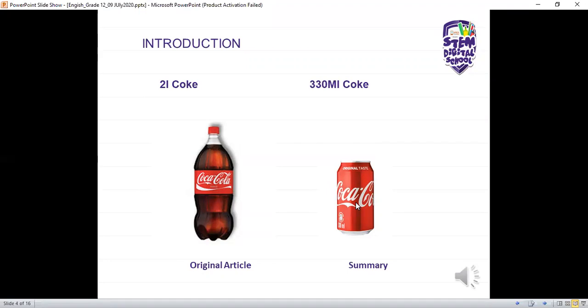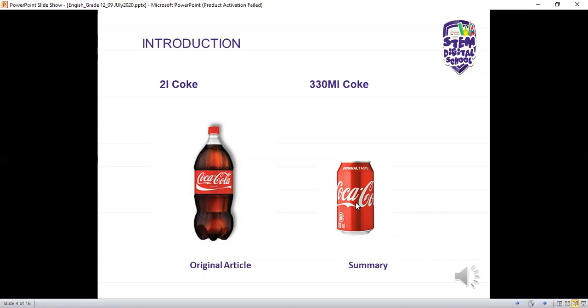Okay, I've got here two pictures. These two pictures show a 2 liter Coke as well as a 330 ml Coke. If you try to compare the two, obviously the 2 liter bottle is bigger than the 330 ml can. That's the first thing.